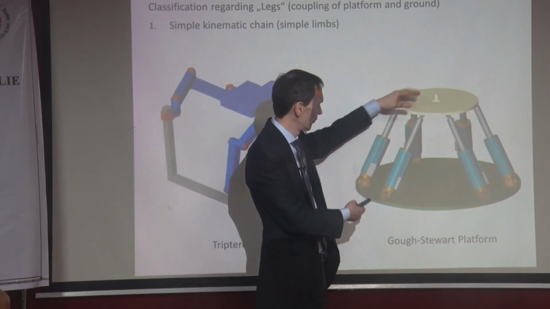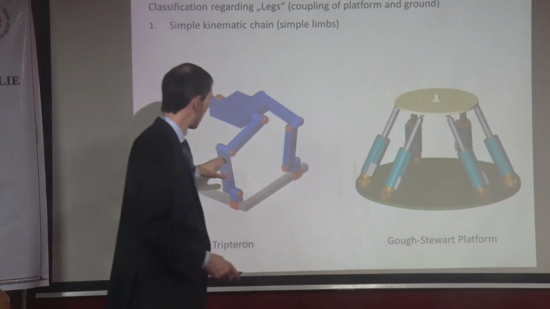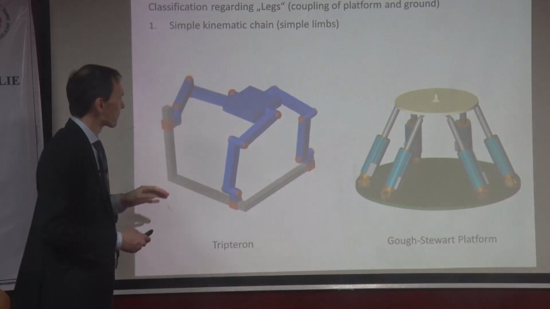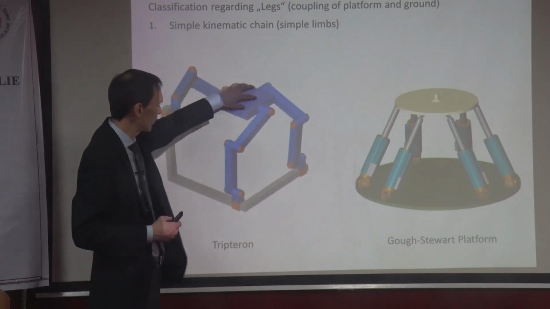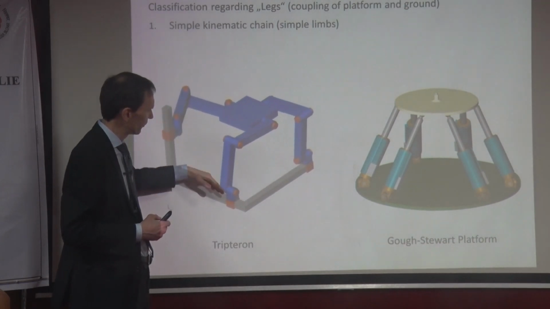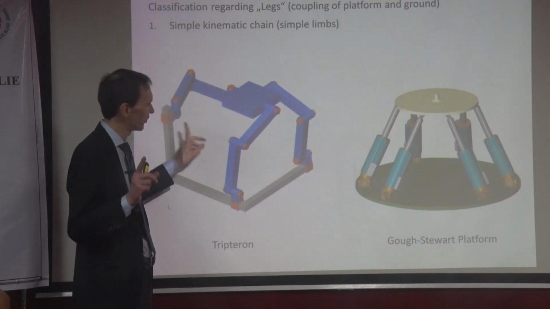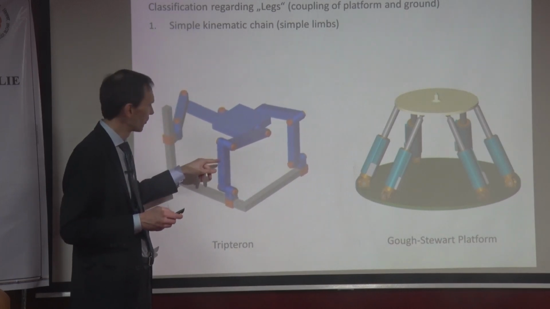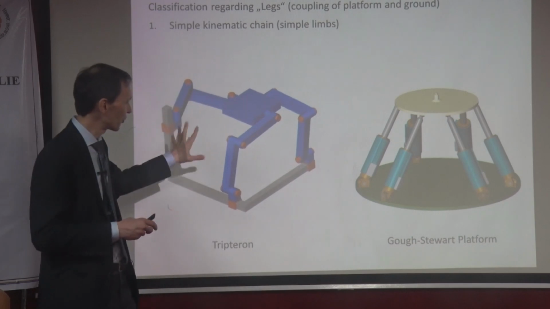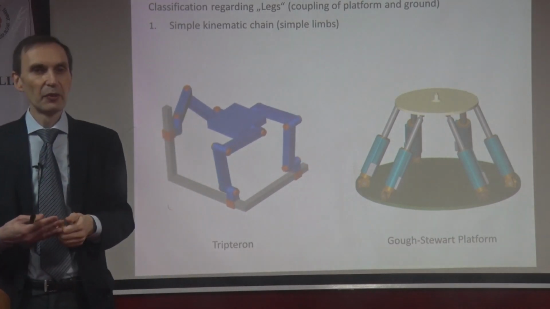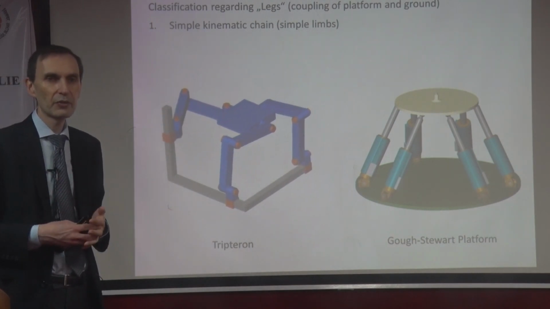That's pretty easy, because once you have the platform pose, you know the attachment points and can compute the lengths. For this other one, it's actually doable in closed form: once you have the platform, you can compute the angles with a bit of trigonometry. But again, this is not unique, because it goes this way, but it can also go this way. For this system it might be possible in closed form, but in the general case you would use the iterative Newton-Raphson scheme.